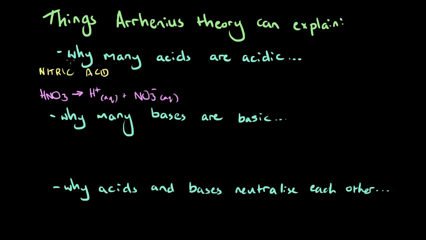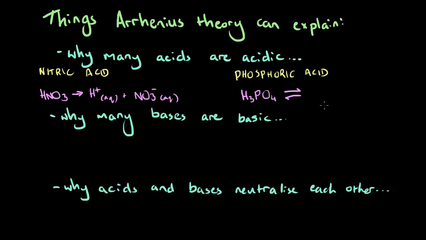If you had to do an equation explaining why phosphoric acid is acidic using Arrhenius theory, your equation would have the phosphoric acid, H3PO4. Then you would have a reversible arrow, remembering that phosphoric acid, like most acids, is a weak acid.